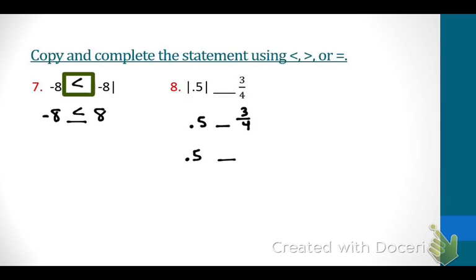Okay, 0.75. All right, because that has two numbers, you can always add in a 0 right here. But guys, 0.50 and 0.75, what should it say reading it from left to right? 0.50 is less than 0.75. All right, so it's always good to make sure that they are in the same kind of units. They're either both fractions or both decimals when you compare them.